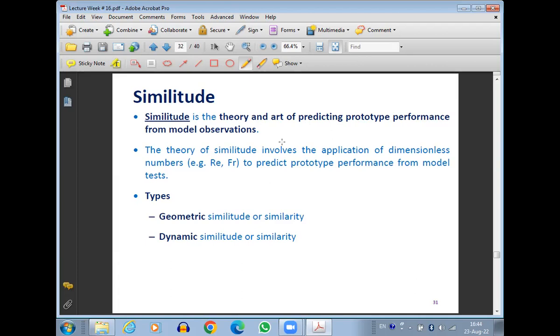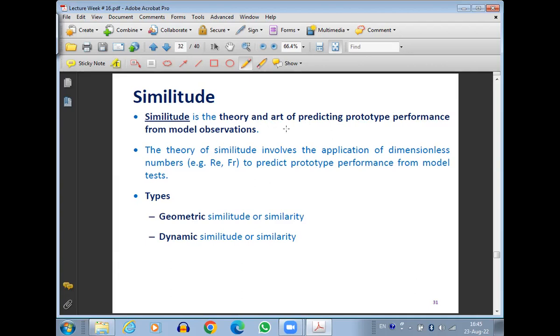This is basically similitude. You are comparing your model conditions with the real-time conditions, and based upon the testing on your model, you are judging what the limitations of your real-time device are. So this is similitude, and it's very important for fluid flow analysis.